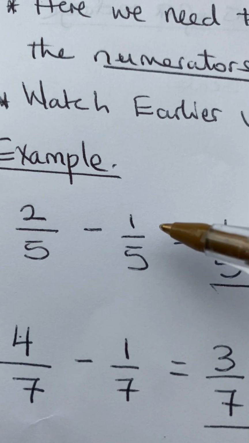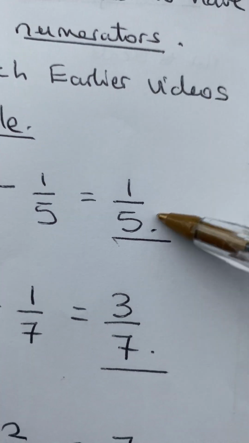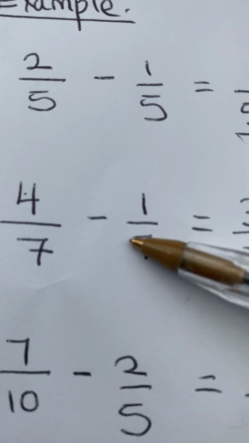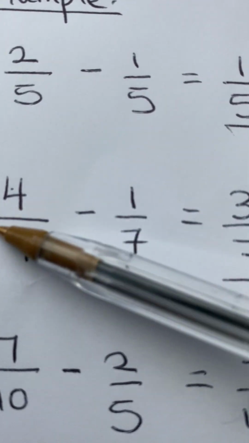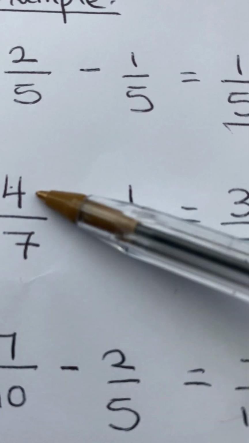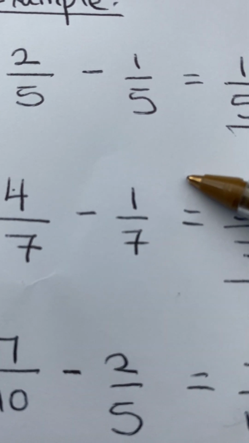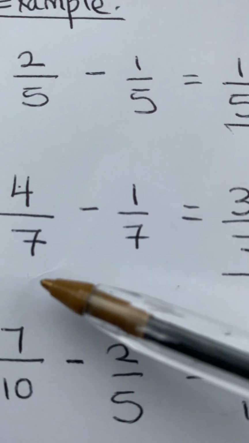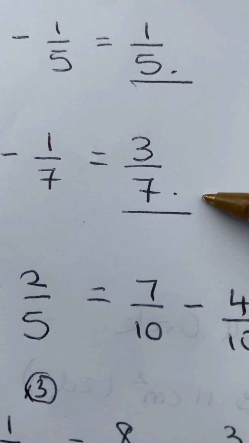So 2 minus 1 will be 1 over 5. Here also the denominators are the same, so we subtract the numerators. 4 minus 1 is 3, and then we bring down 7.